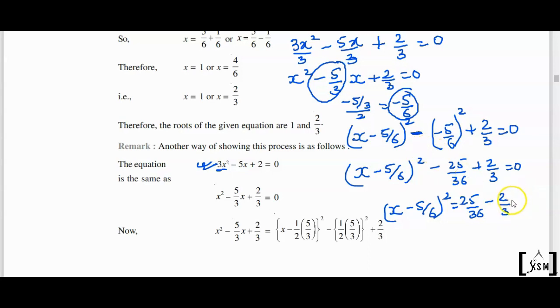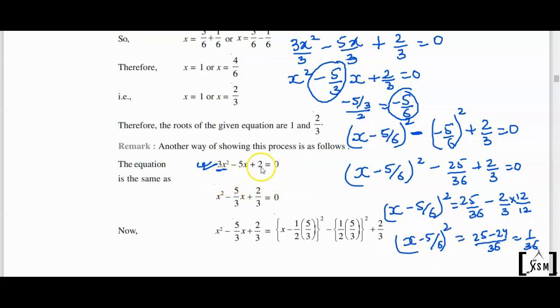Now guys, please understand, we'll have to make the same denominator. So we'll multiply up and down by 12. So we get (25 − 24)/36, which is 1/36. So (x − 5/6)² equals 1/36.